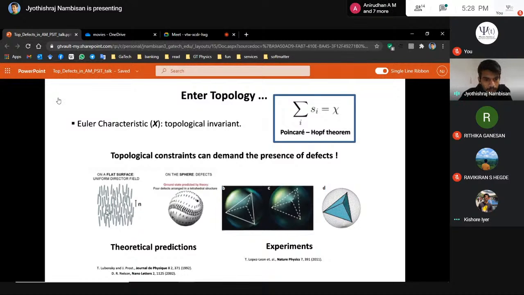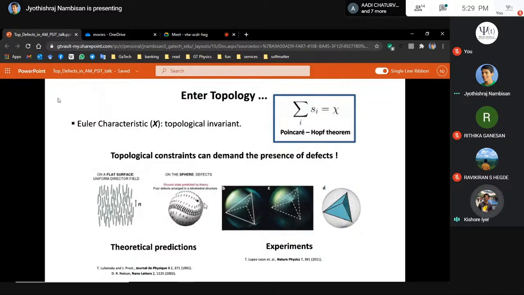The football analogy was in respect to this particular thing. In the football, you see that the pentagons have five vertices. If you define an order parameter for a defect there, the perfect hexagonal arrangement would be your defect-free state in flat space, because in flat space you can have an infinite array of hexagons and fill the space.